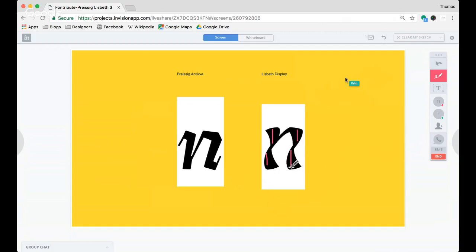They're vertical themselves, but the impression is italic because of that, as opposed to the approach we see in Preissig. I'm just going to go with Preissig for now, just to keep it simple. So that was probably the first difference in the nature of italics between the two I see.